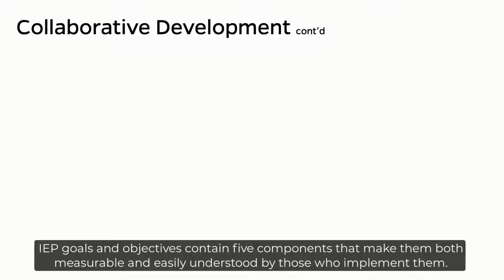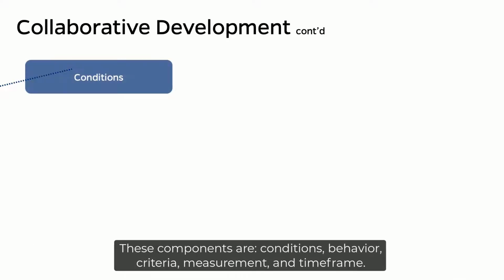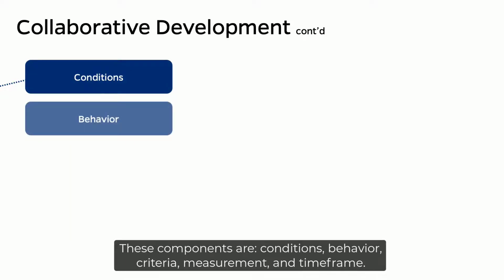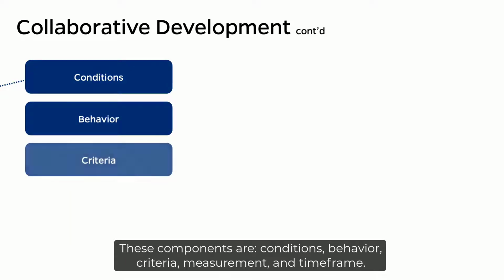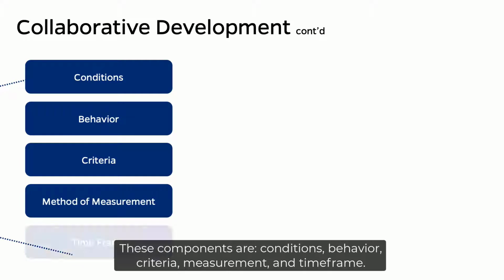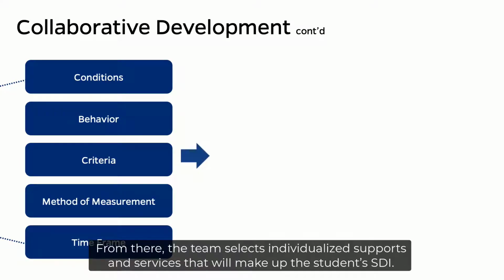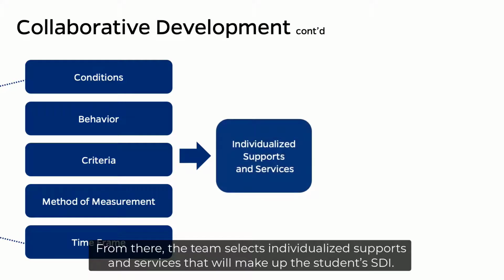IEP goals and objectives contain 5 components that make them both measurable and easily understood by those who implement them. These components are conditions, behavior, criteria, measurement, and time frame. From there, the team selects individualized supports and services that will make up the student's SDI.